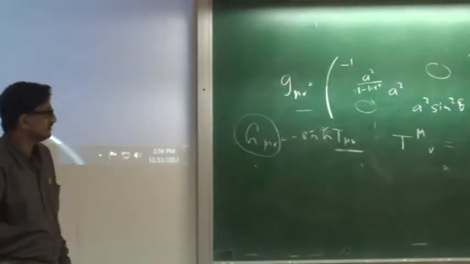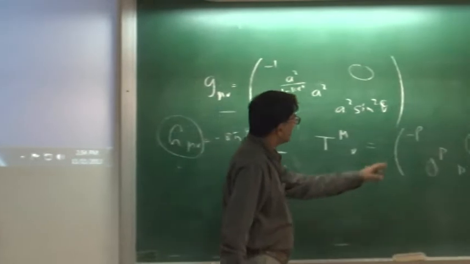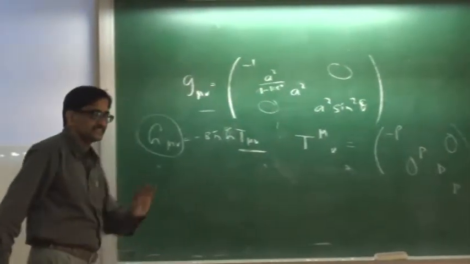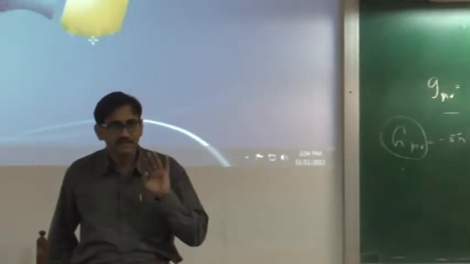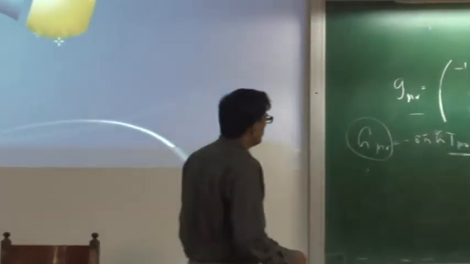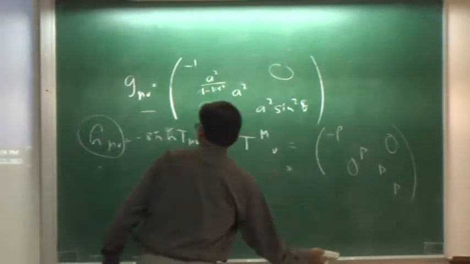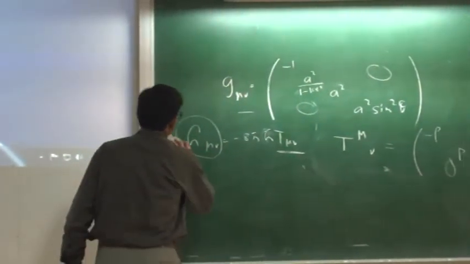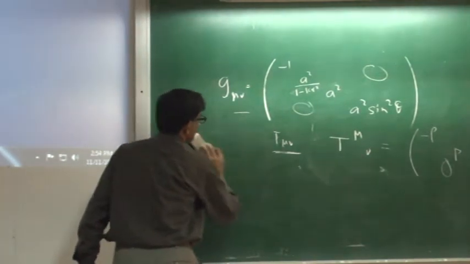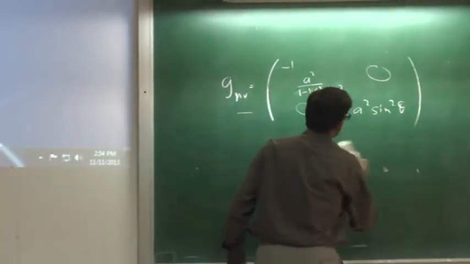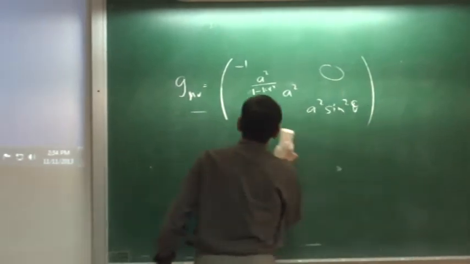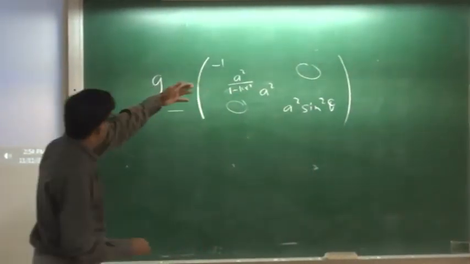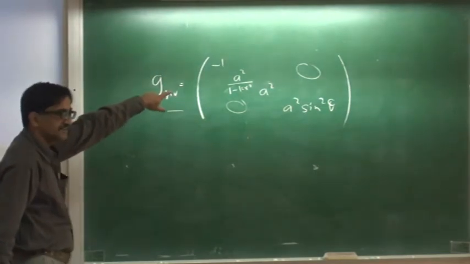This is the form, so it means that you are connecting the pressure and density to geometry, which is the aim of Einstein's equation. So you have the following equations, which are called the FRW equations. And when you say connecting the metric to these, it basically means connecting this parameter, the scale factor a, to these things.